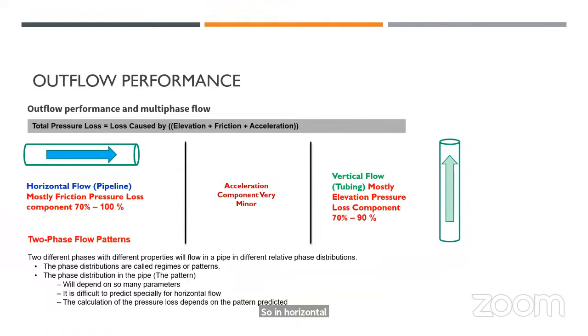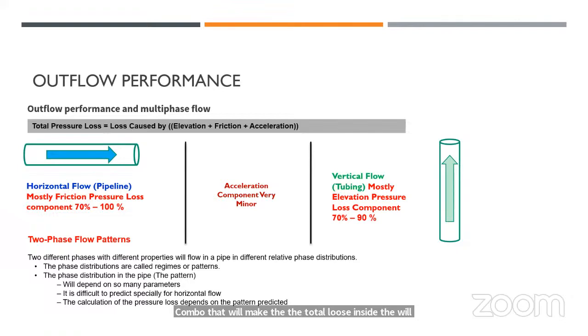Whether we are simulating or modeling flow lines or the surface flow network, we consider the friction pressure loss component. But in our case of vertical flow inside the tubing, we are concerned with the hydrostatic component, or the pressure loss component that makes up the total pressure loss inside the wellbore.